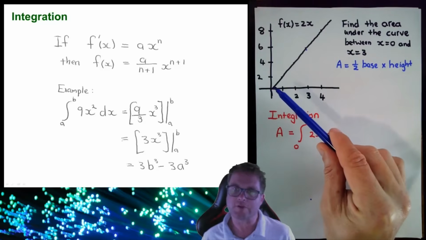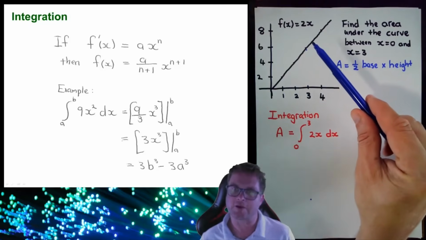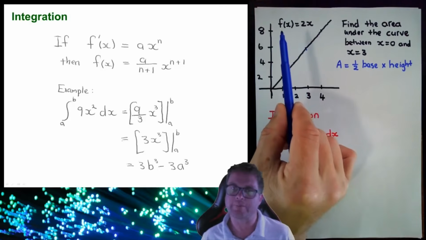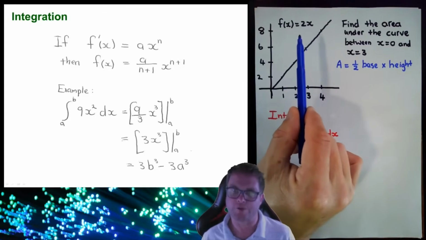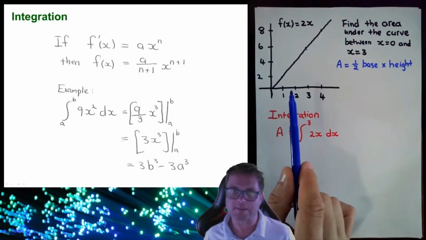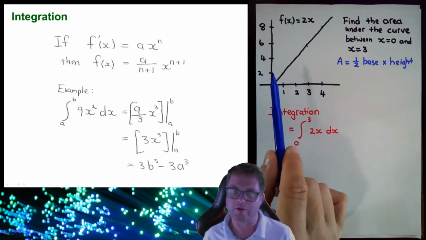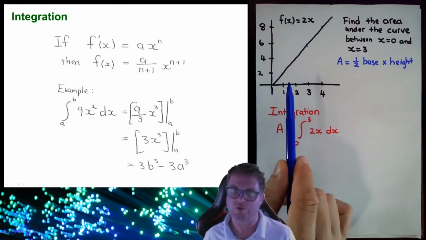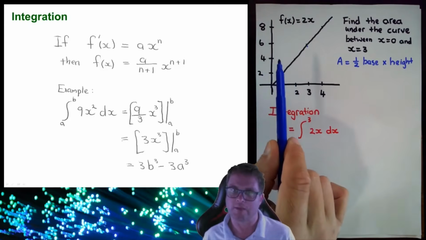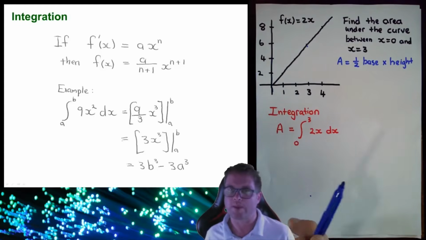In this example, you can see what I have is a curve, and this curve is given by f of x is equal to 2x. You can see it's f of x equals 2x, because when x is 1, f of x or y is 2. When x is 2, f of x is 4, and so forth.